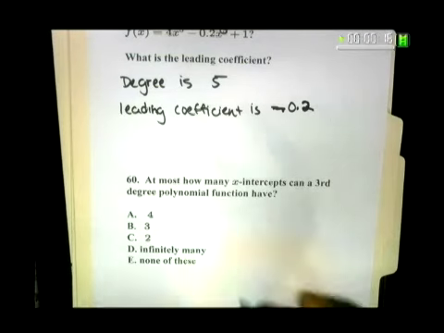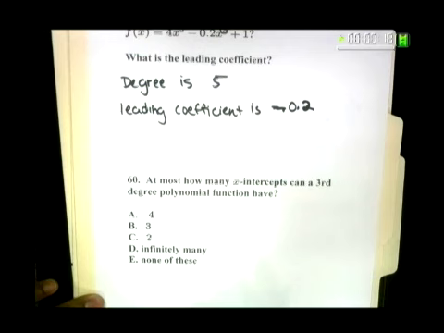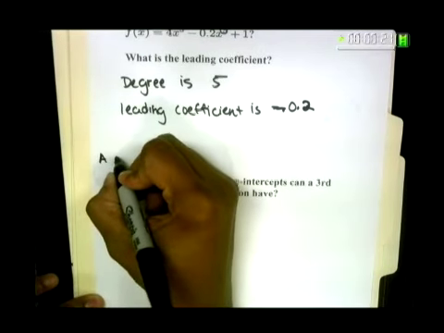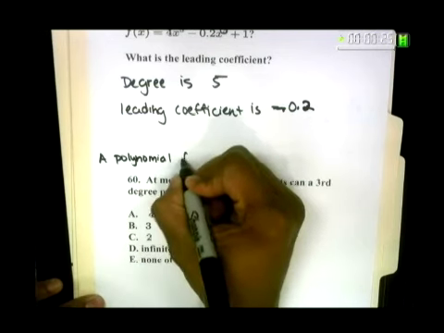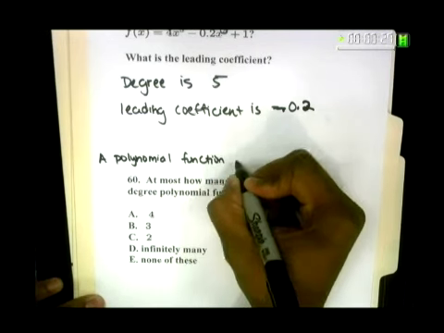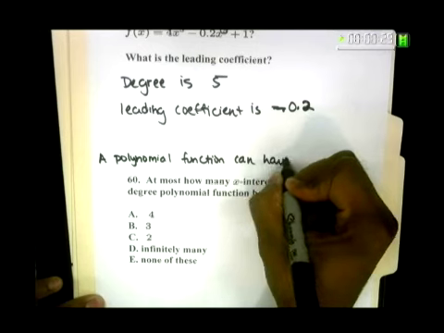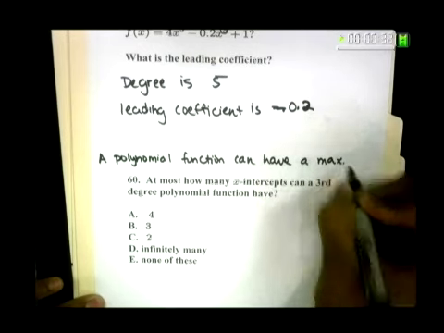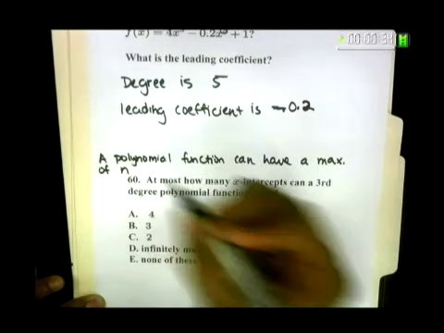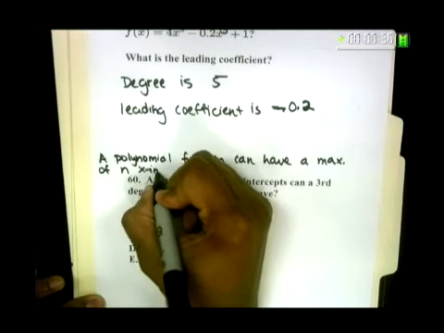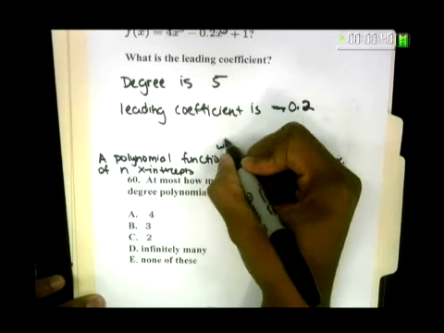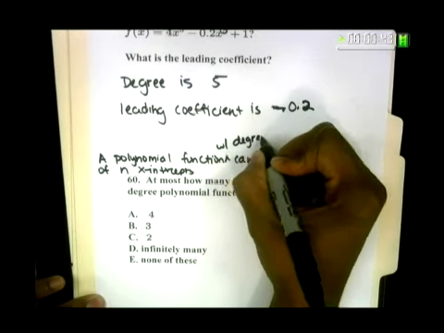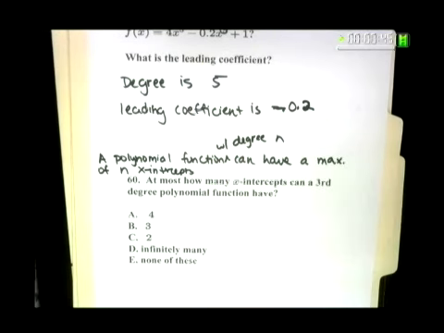In general, a polynomial function with degree n can have a maximum of n x-intercepts. I'll write this up here. I should put with degree n. That would help.